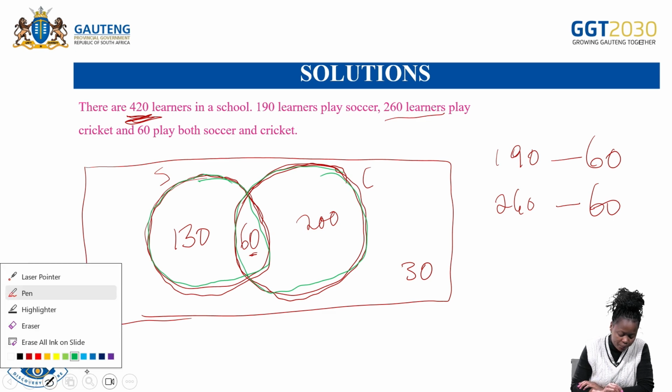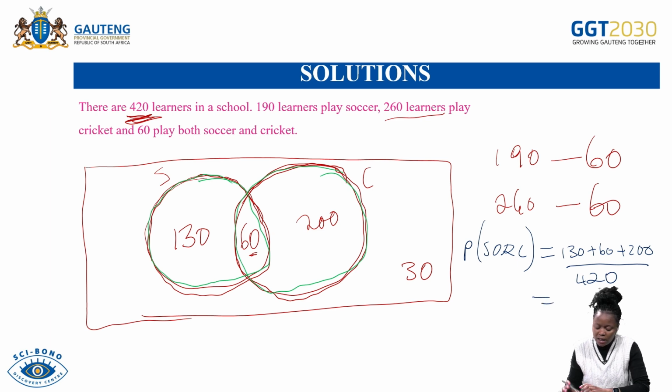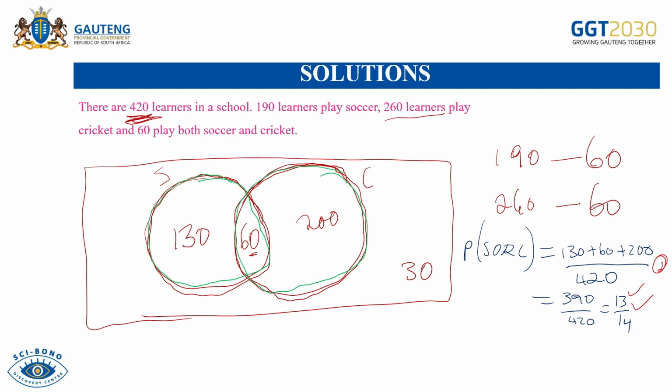So you'll say the probability of a learner playing soccer or cricket is going to be 130 plus 60 plus 200, divided by the total number of learners, which is 420. Then you add everything, 130 plus 60 plus 200. It's 390 divided by 420, which is going to give you 13 all over 14. Then you will get your full marks. Ne?